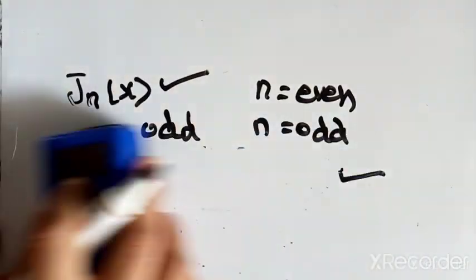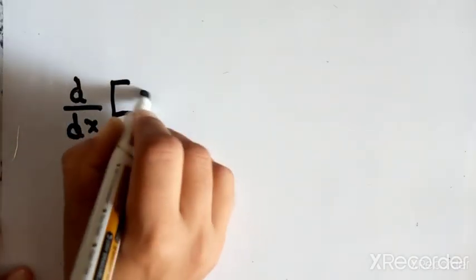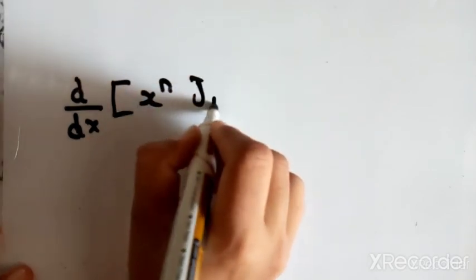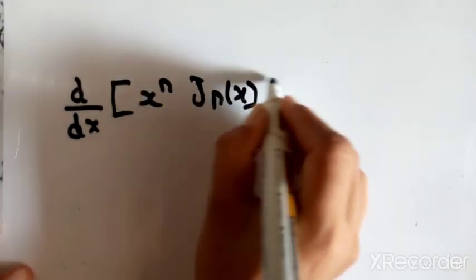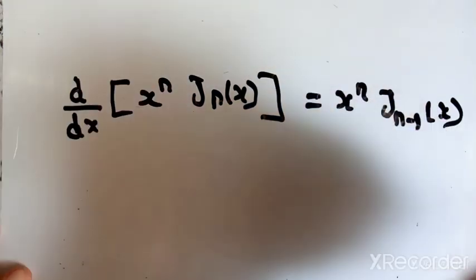Now differentiation of our function. We get d upon dx of x power n into J n of x equal to x power n into J n minus 1 of x.